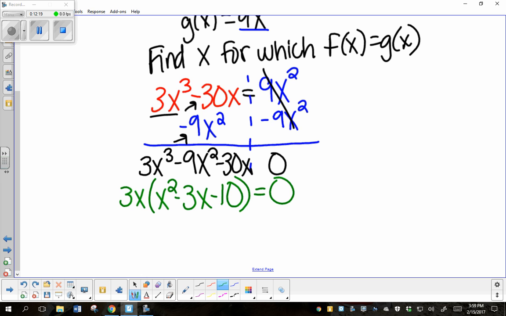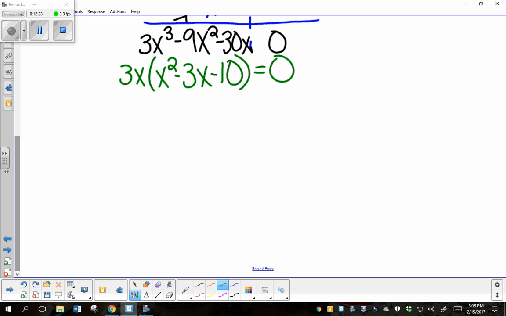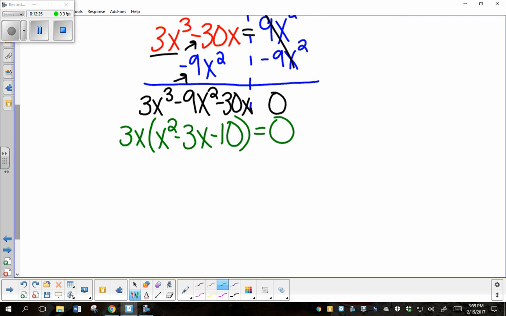It's looking a little nicer. We factored something out of everything. Now we just need to factor what's in those parentheses, because I definitely can't get x by itself still. This is just normal factoring, right? We need to see what multiplies to negative 10 and adds to negative 3. I could do 1 and 10. I could do 2 and 5. I think 2 and 5 is going to work here, because I could do 2 and negative 5, and that would add up to negative 3.